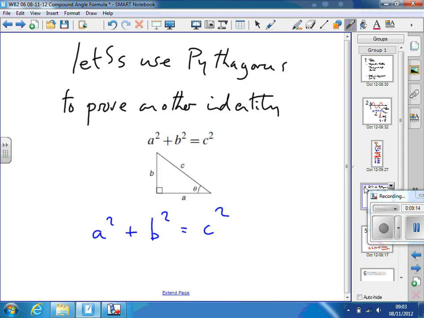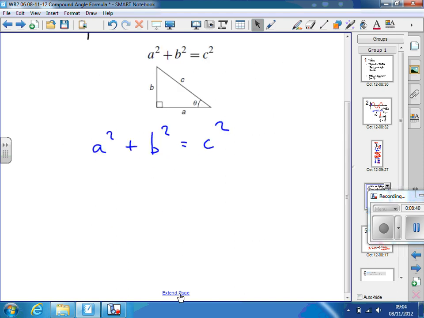What I want to do now, though, is to use Pythagoras to prove another identity. So I obviously got a little bit carried away with my apostrophe there. Let's use Pythagoras to prove another identity. There's Pythagoras, a squared plus b squared equals c squared. And we can prove three identities with Pythagoras quite easily.